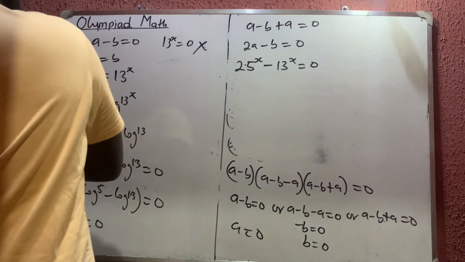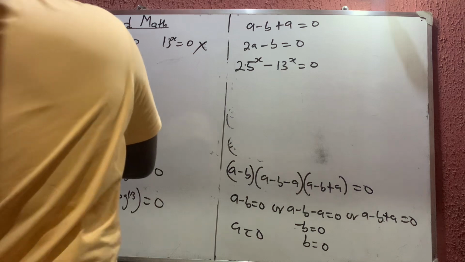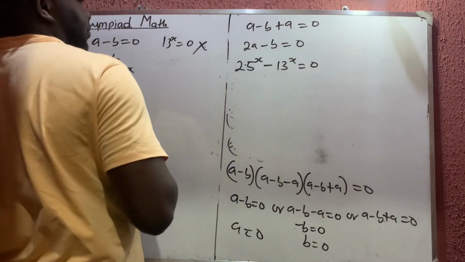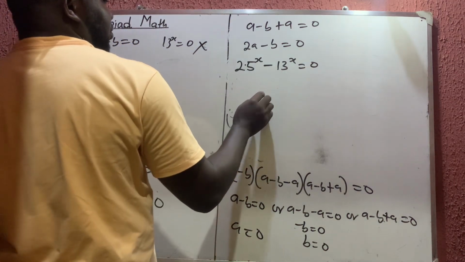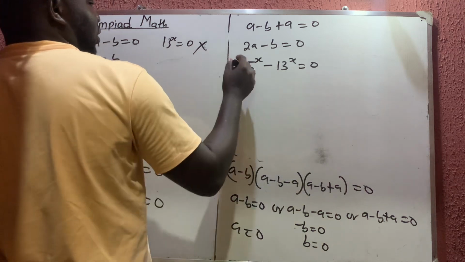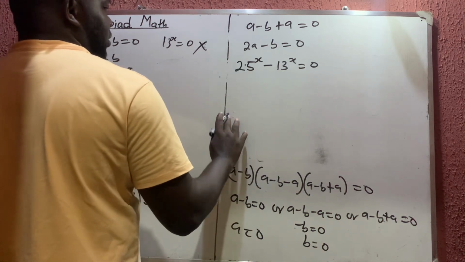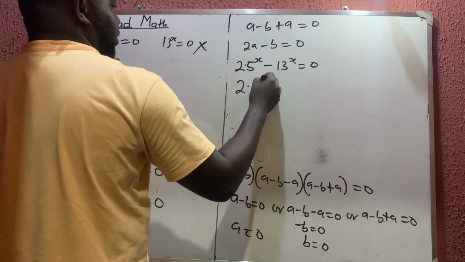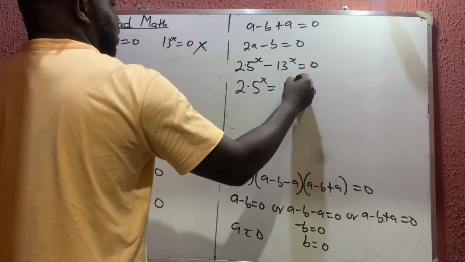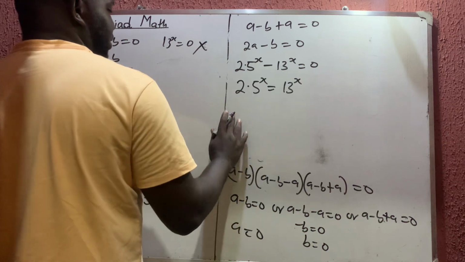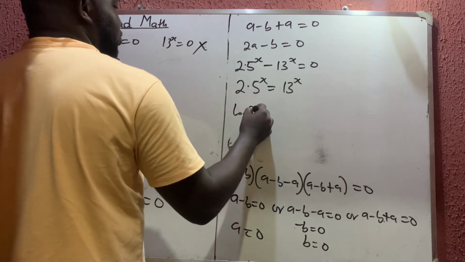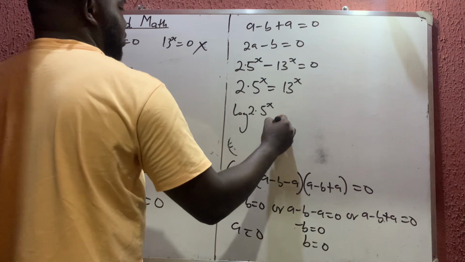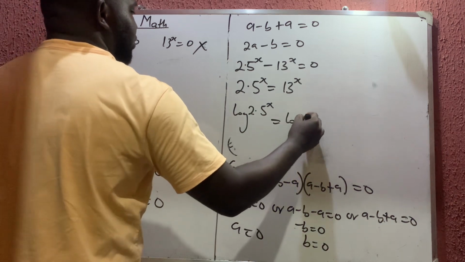So what do we have? This is 2 multiplied by 5 raised to power x is equal to 13 raised to power x. So take the log of both sides. I'm having log of 2 times 5 raised to power x is equal to log 13 raised to power x.